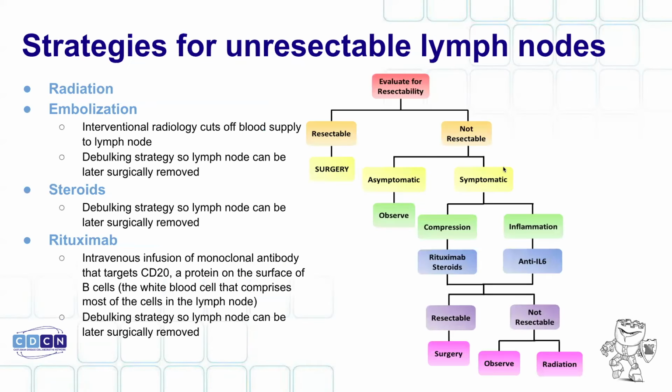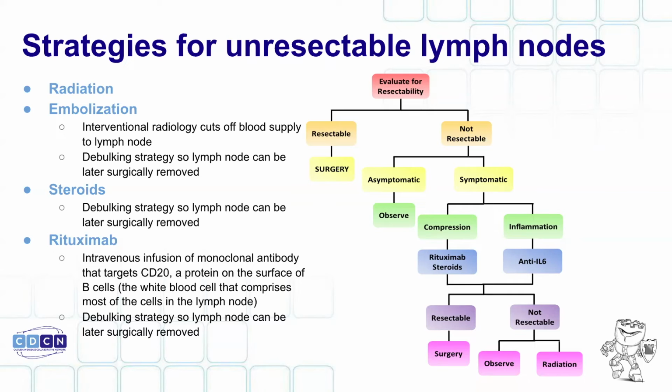All right. So for unresectable lymph nodes, as I said, you can do a partial resection. Other strategies is you can zap it with radiation. That can be wonderful, with the exception of maybe it's also not a good spot to zap. And you always want to make sure you have a good diagnosis, because once you zap something, you can't know what you zapped.